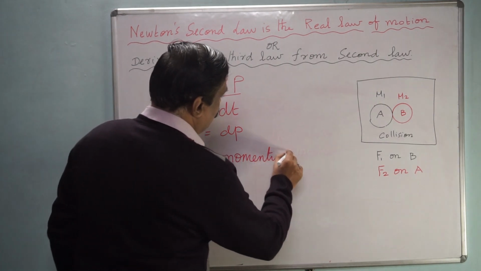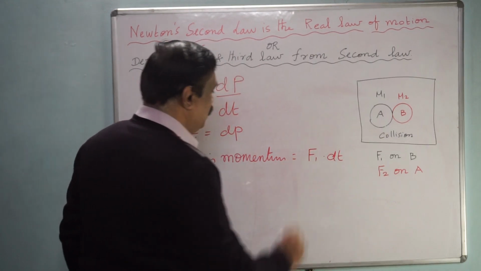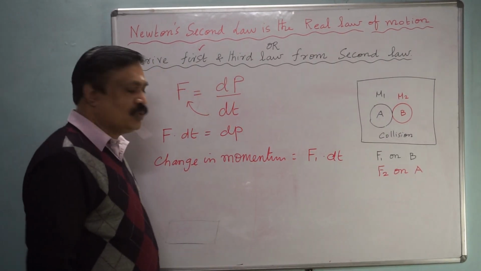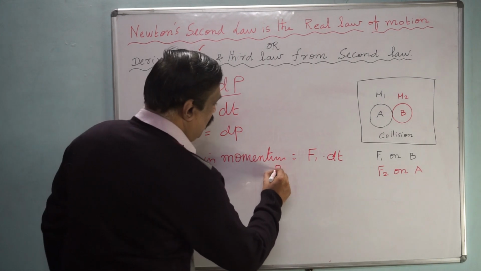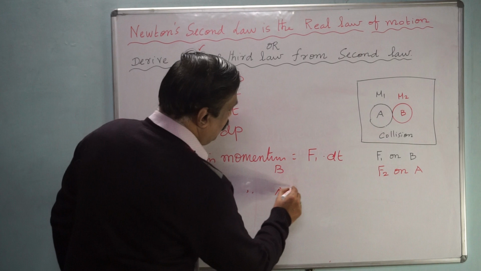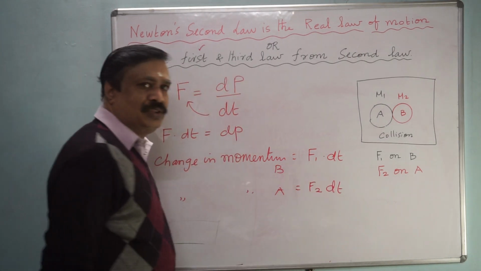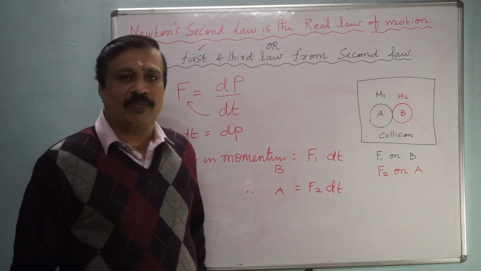Change in momentum of B equals F1 into dt. And similarly, change in momentum of A equals F2 dt. These two are the changes in momentum.